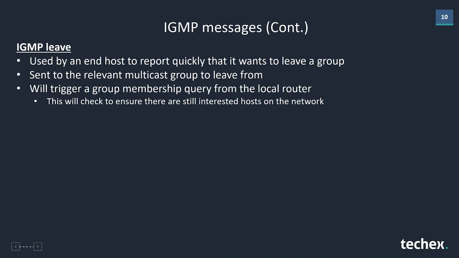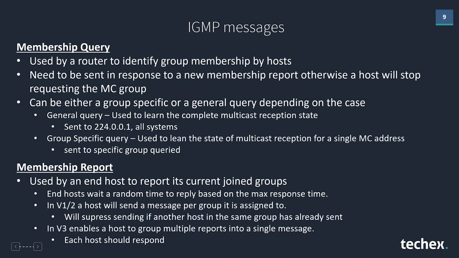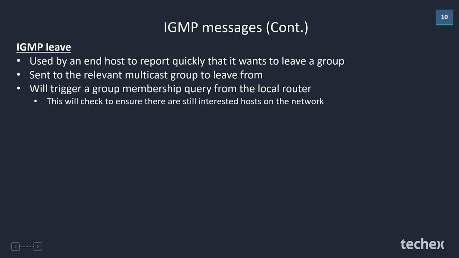It's sent to the relevant multicast group as the destination IP address, and it will trigger a group-specific membership query, which will be sent by the routers to query the relevant group members to see whether they are still interested and whether there is anything still interested on the network. If nothing is there, then the router will prune and stop forwarding that multicast traffic.